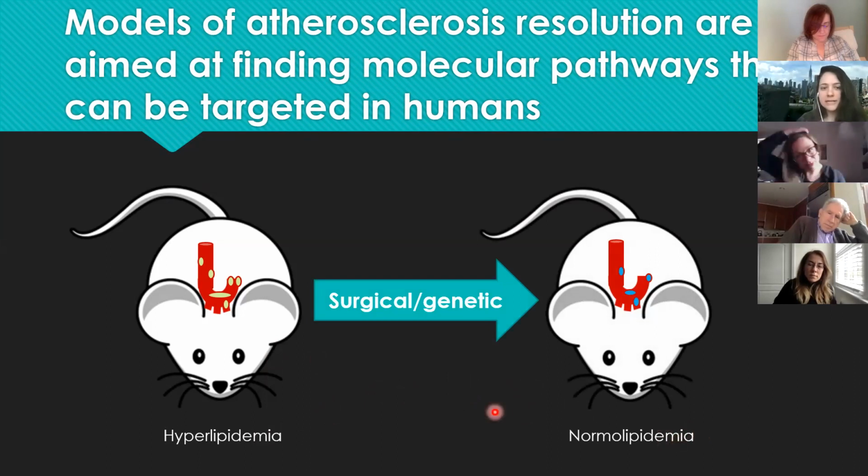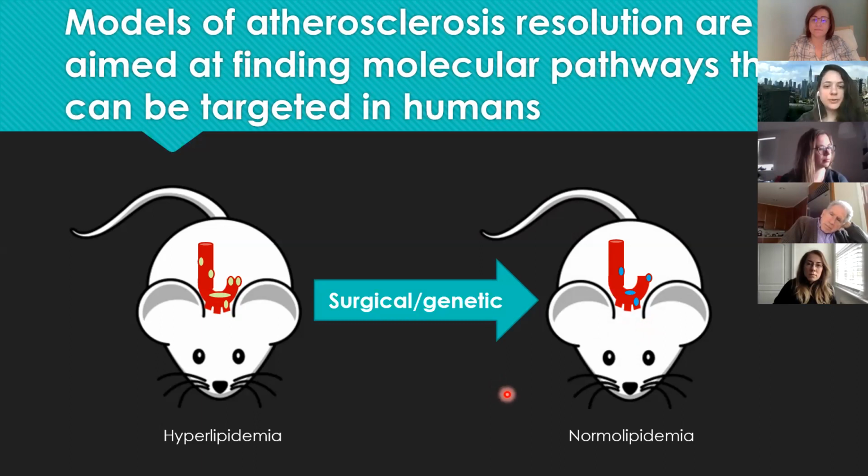Importantly, we sometimes see changes in the size of the plaque, but more important to us is the composition of the plaque. So in regressing plaques, we see fewer macrophages, and the macrophages that are in the plaque are also of a more remodeling and anti-inflammatory flavor.